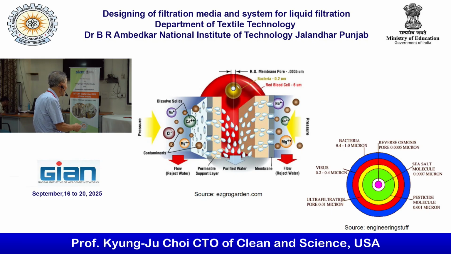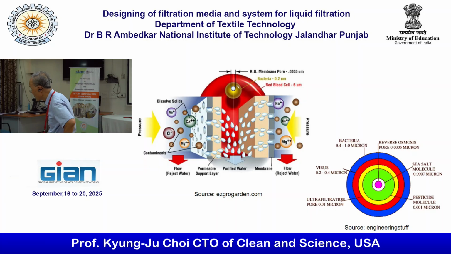It's quite big. So bacteria is about 0.2. So the Na ion is going through, the flow rejected water. It's membrane, something like that. I think it's nothing to do with the RO. Huh? Probably a little bit.